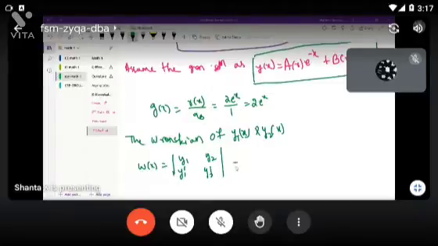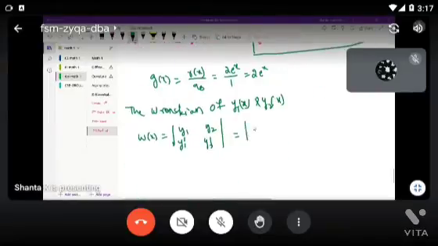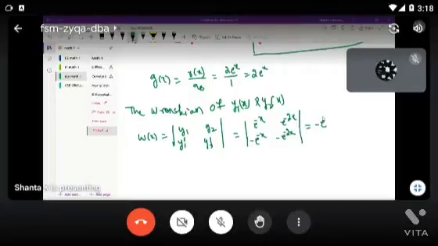So if you put the y1(x) and y2(x) here, we have e power minus x and e power minus 2x. And if you do the derivative, it is minus e power minus x and minus 2 e power minus 2x.